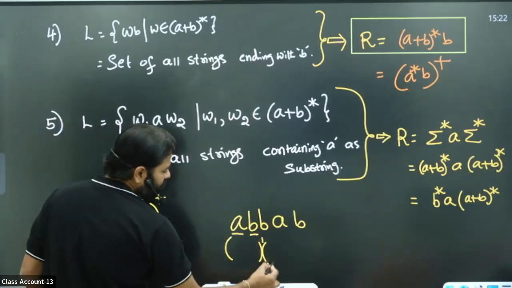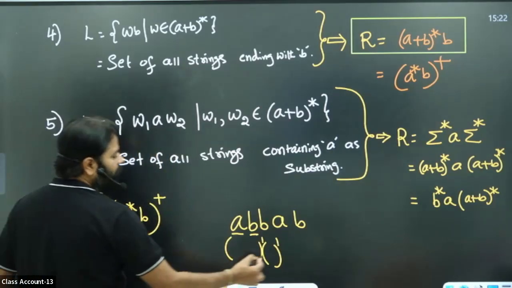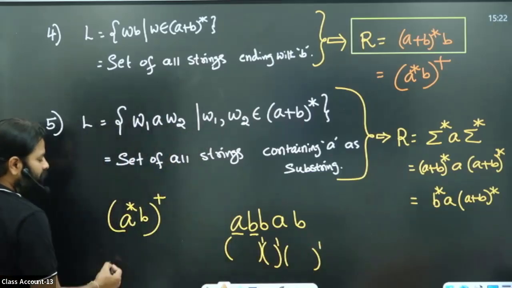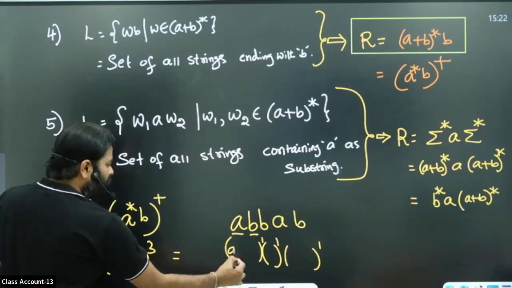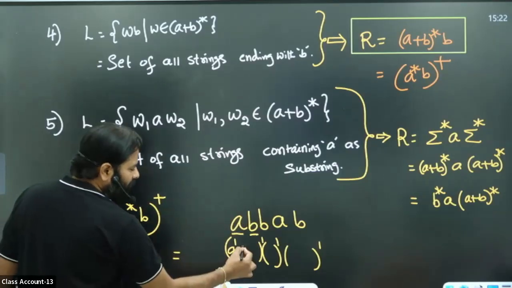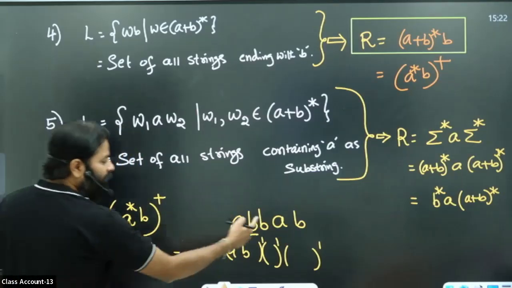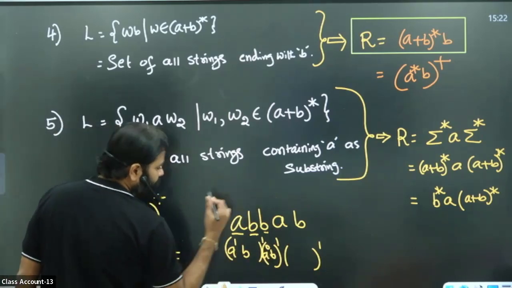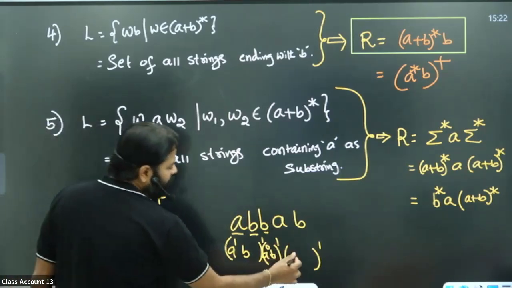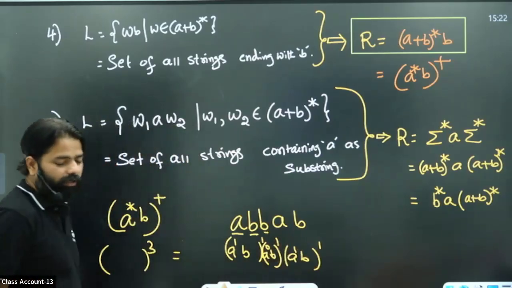I'll generate only B. Next time I'll come, I'll generate AB. So 3 times I go inside. First time A power 1 and one B. I want a B again, so I come back by writing A power 0 B. And next time I come, I'll take A power 1 B. Did I get the string that you wanted?